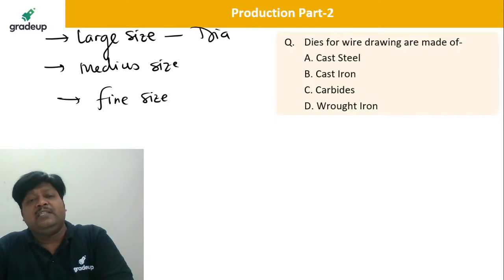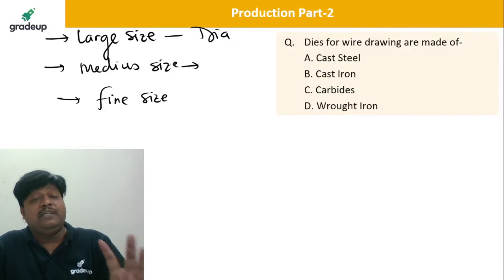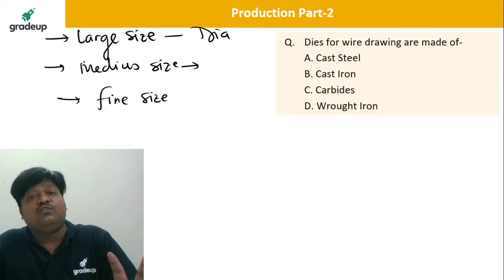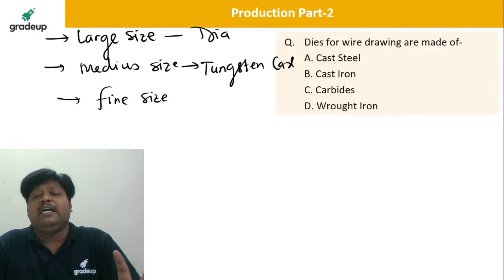So dear student, please remember that large size wire may be made using alloy steel or medium carbon steel dies. But if we want to produce medium size wire in the wire drawing operation, we generally go with tungsten carbide dies, or simply carbide dies.